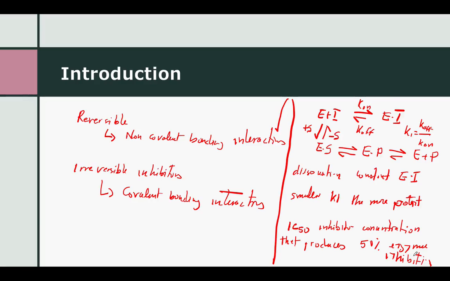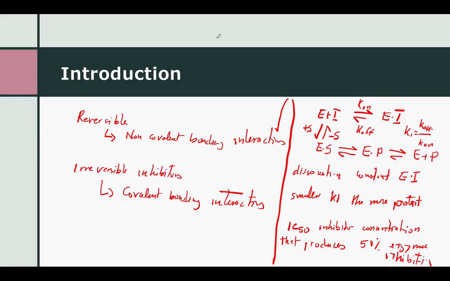Now, one thing about the IC50 that I did not know when I was a student is that the IC50 is dependent on the substrate concentration. So if you are going to compare two IC50 values between two inhibitors, you have to make sure that they're using the same substrate concentration for the assays. Otherwise, those values cannot be related.